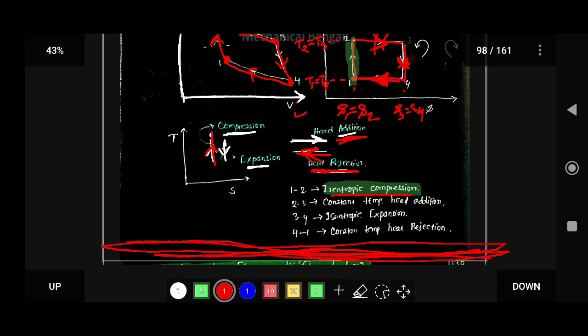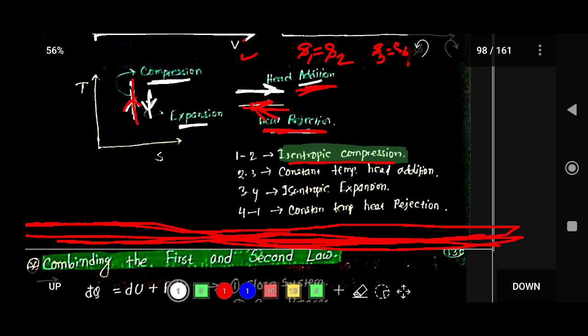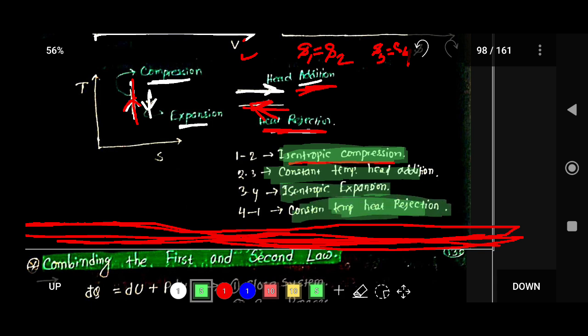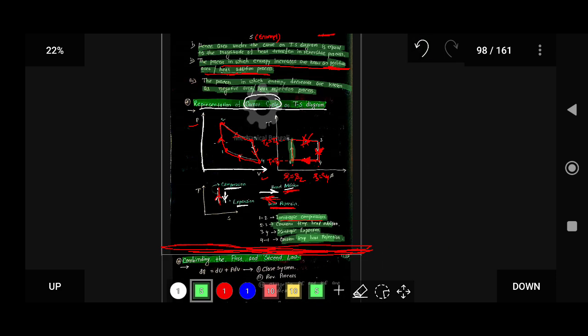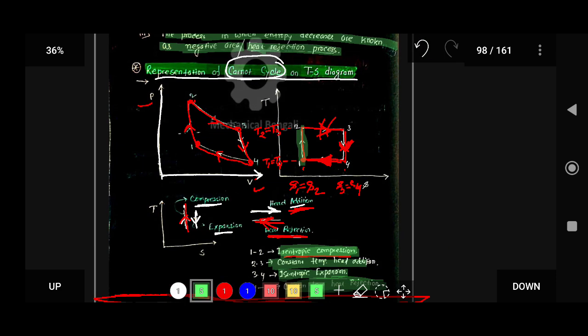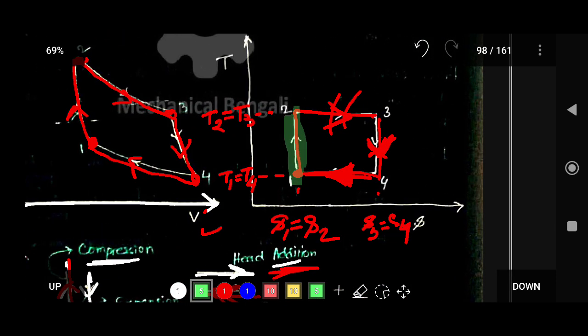So 1 to 2 is isentropic compression, 2 to 3 is constant temperature heat addition, 3 to 4 is isentropic expansion, and 4 to 1 is constant temperature heat rejection. This is the basics of the Carnot cycle on the TS diagram.